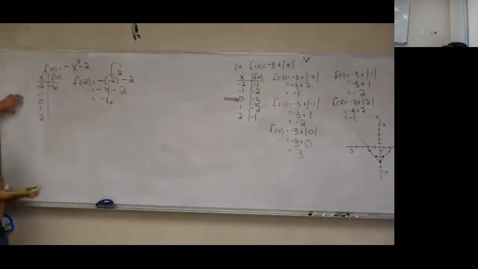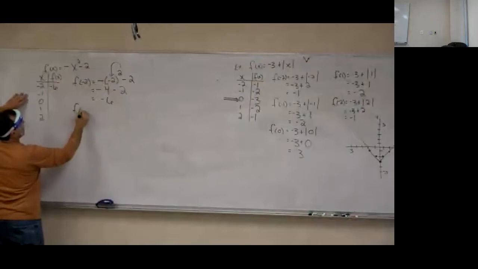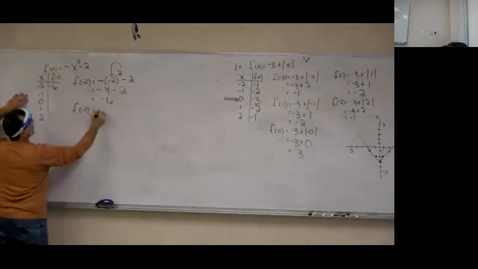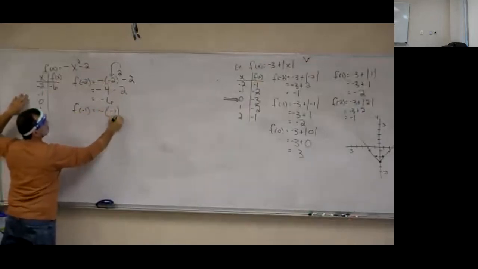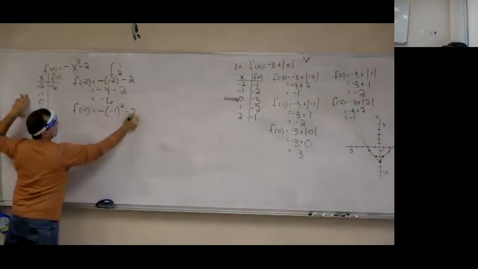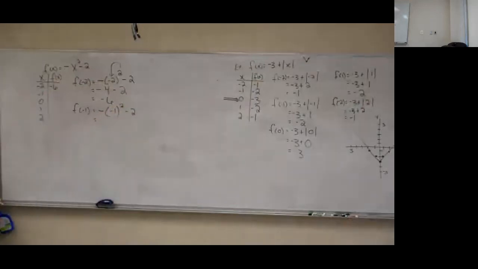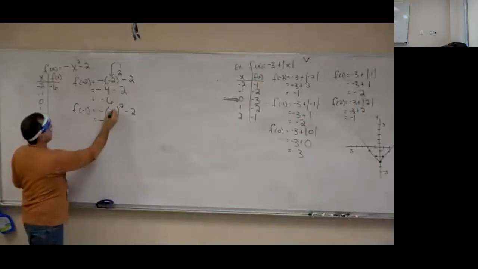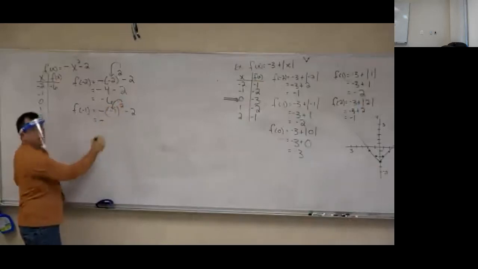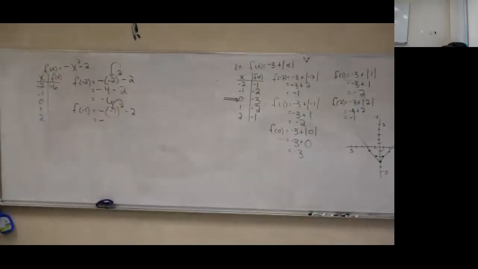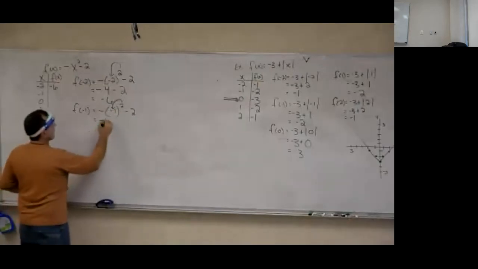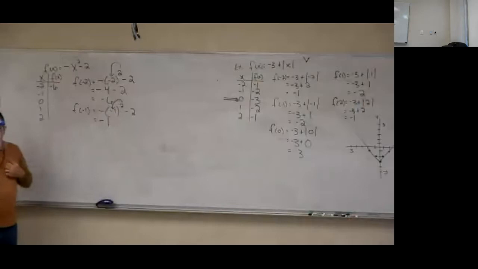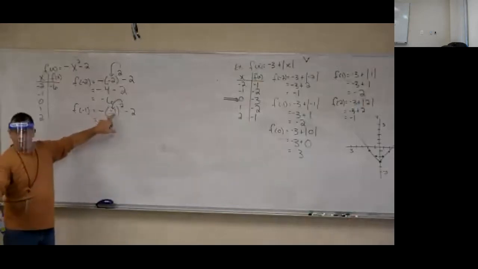All right, then I do the same thing with this f of negative 1. That's going to equal negative 1 squared minus 2. So I'm going to bring down that first negative again. I'm going to figure out what negative 1 times negative 1 is. So my negative 1 times negative 1 will be 1.